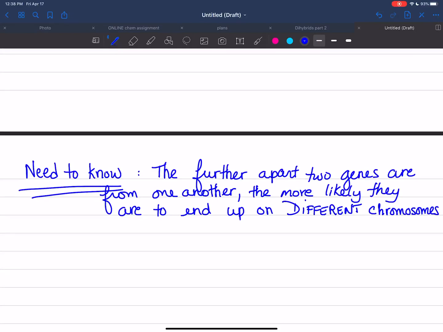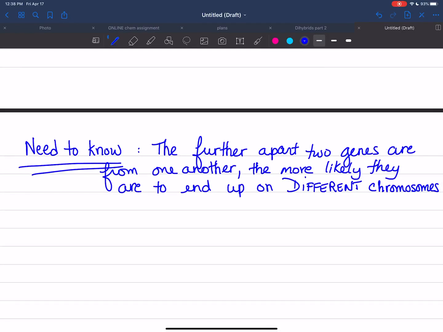They get separated, they cross over. One stays on one chromosome and the other one jumps to the other chromosome. So the further apart two genes are from one another, the more likely they are to end up on different chromosomes. So that means that they cross over.